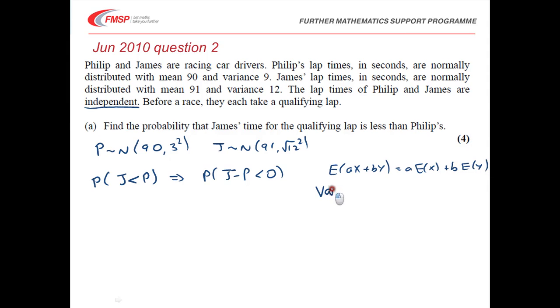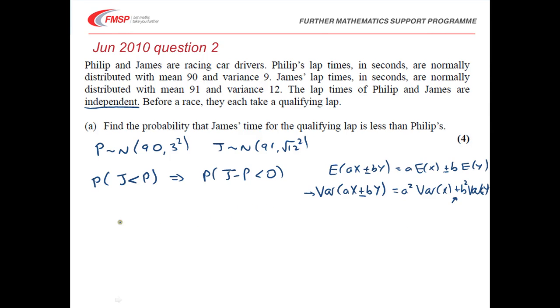Also, we're told that the variance of ax plus by, and that will be plus and minus here, will in fact be a squared variance of x plus b squared variance of y. Again, this is plus and minus, but notice it's always a plus here. So these are things that you're given. So really, it's the second rule that I'm going to be using. Now again, as you'll see in a later question, how we define these is very important. But for this one, we can see that we're going to be using this.